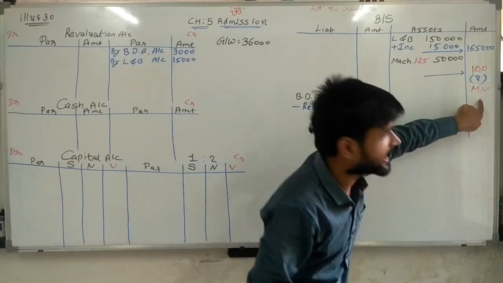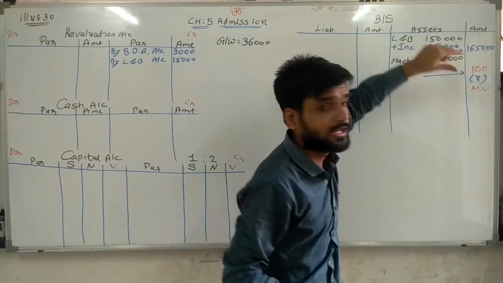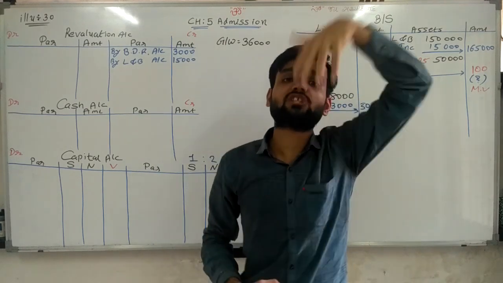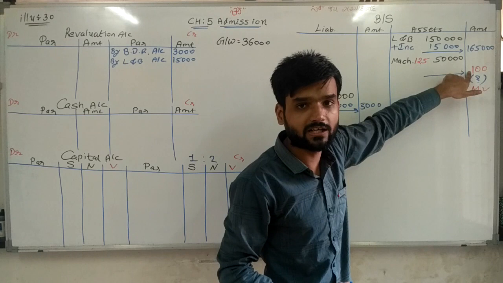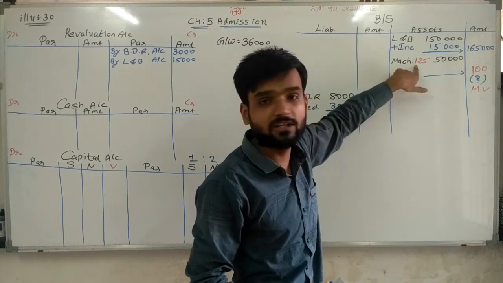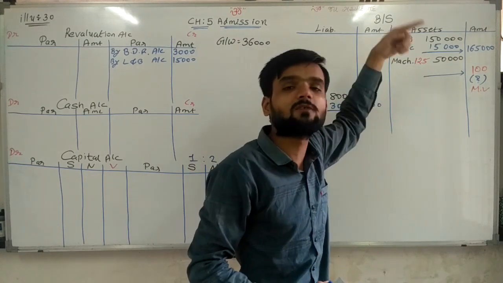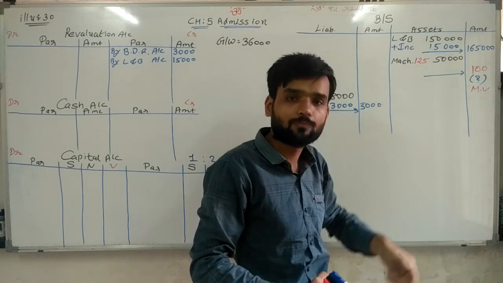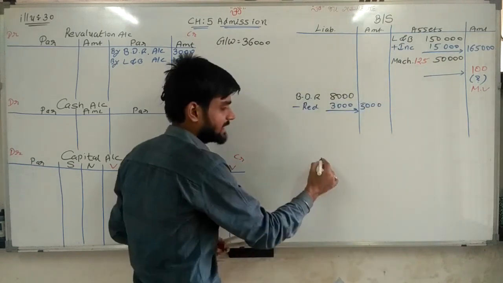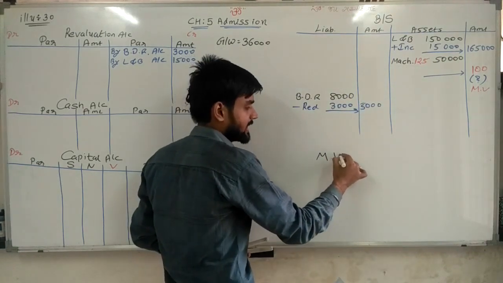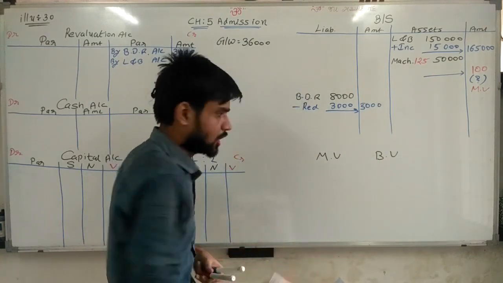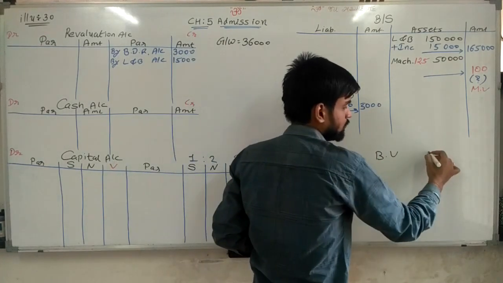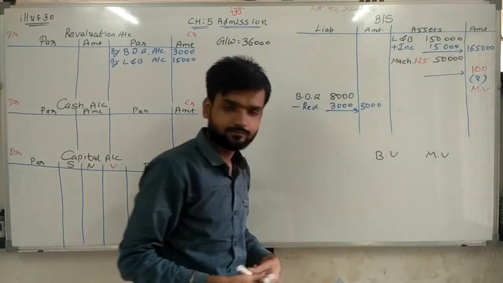But compared to market value, this value is 25% more. It means suppose market value is 100, then its machinery value is 125 because it's 125% more. So here I am writing the steps: market value, book value, or you can say first book value, then market value.